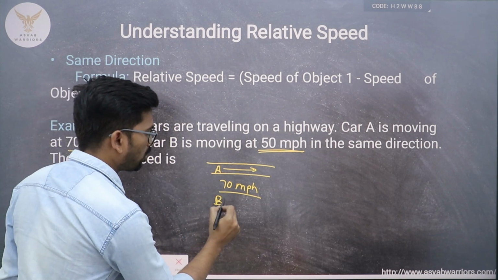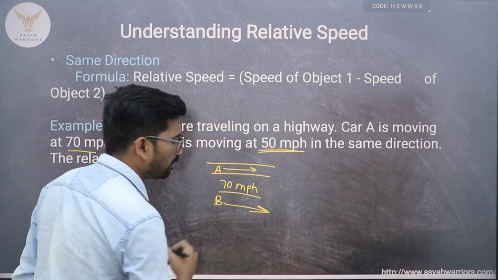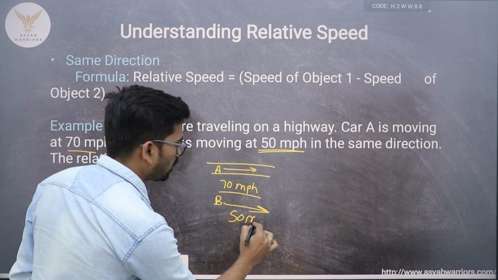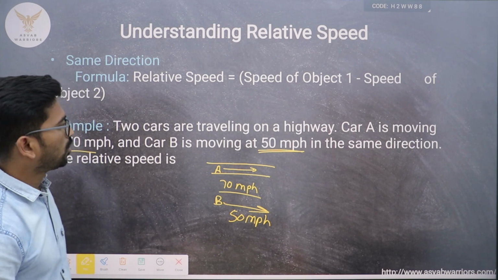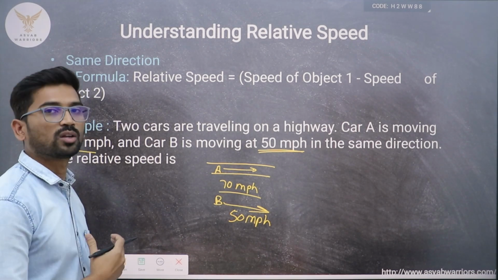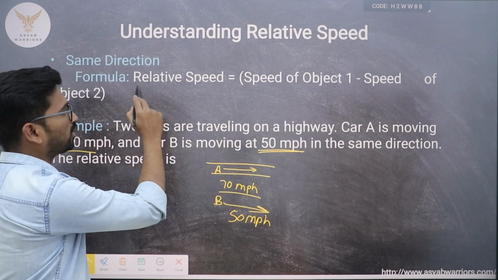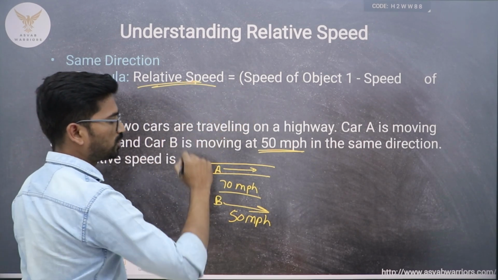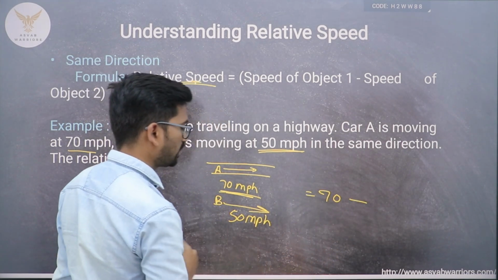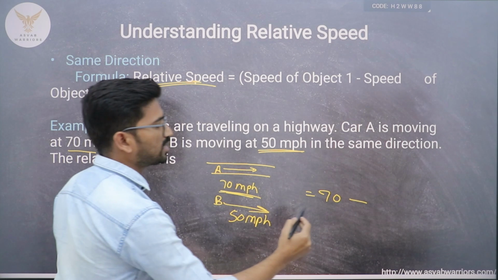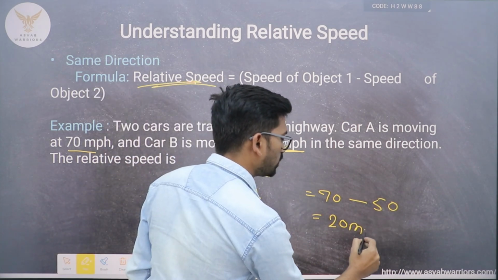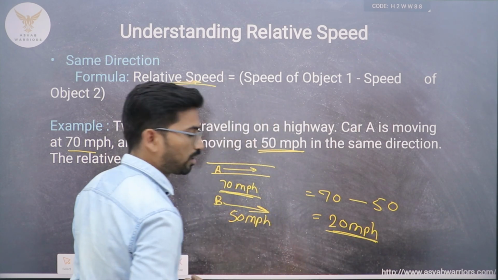The formula for relative speed is speed of object 1, which is 70 miles per hour, minus speed of object 2, which is 50 miles per hour. So the relative speed will be 20 miles per hour.